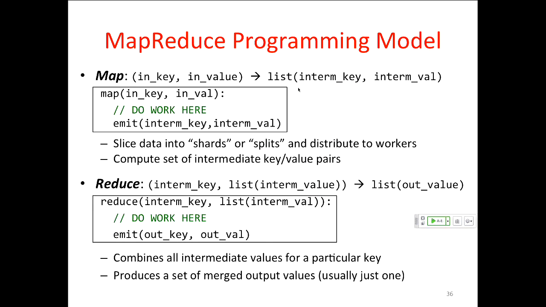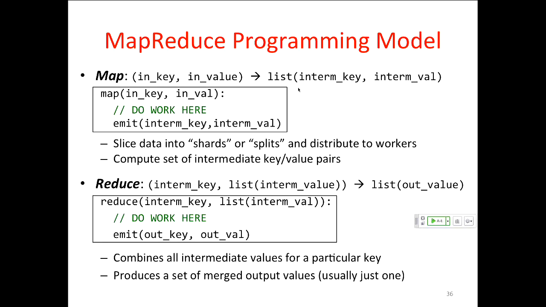So by using map and reduce functions, you can specify the task which can be done in parallel on a warehouse scale computer. First we have the map function, which gets input key and value pairs and produces the intermediate key and value pairs.